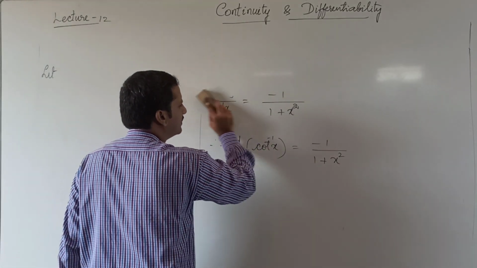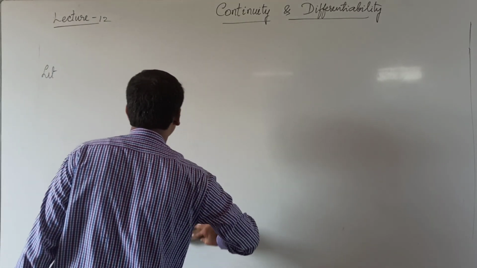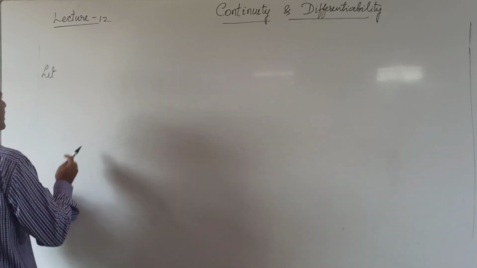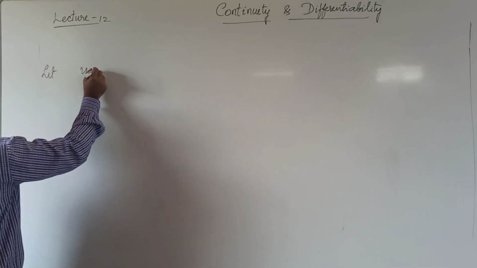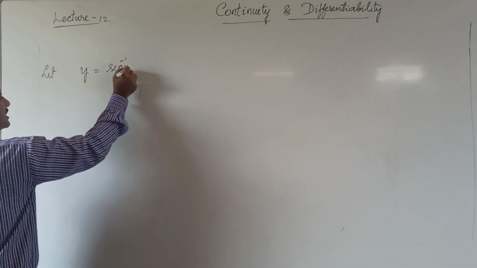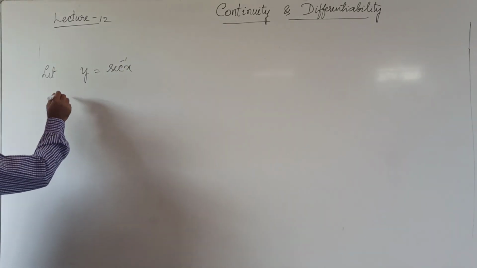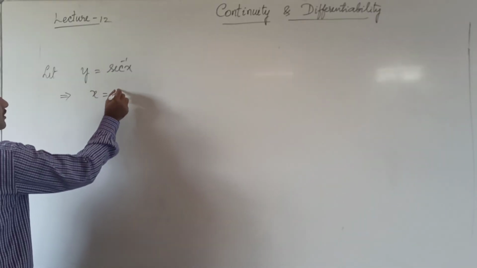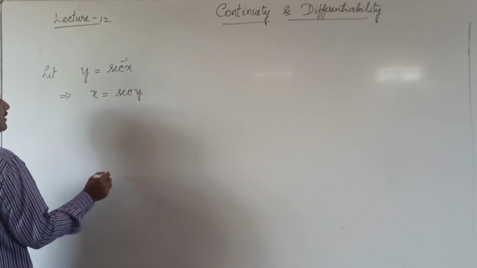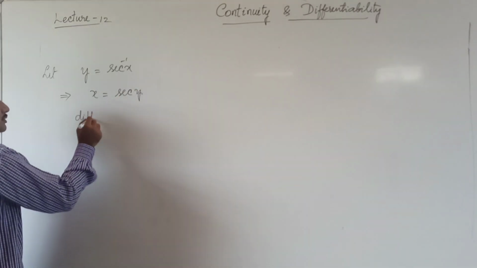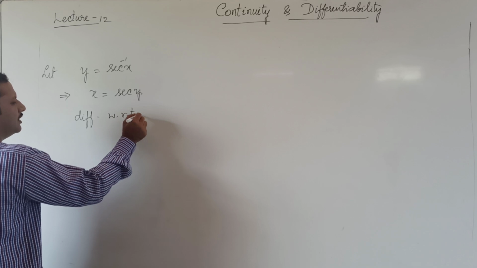Next, we shall look at secant inverse x. Let y is equal to secant inverse x. Then by definition, x is equal to secant y. Now let us differentiate this with respect to x.